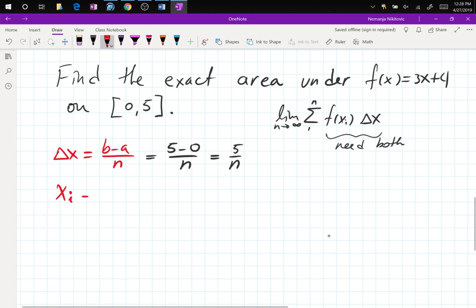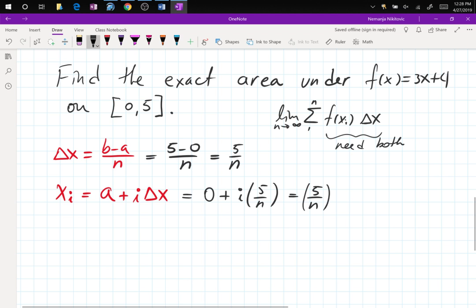Do you remember the xi formula? A plus I delta x. That was in the last section. So now this is 0 plus I times 5 over n, which is 5I over n. I don't need this parentheses.